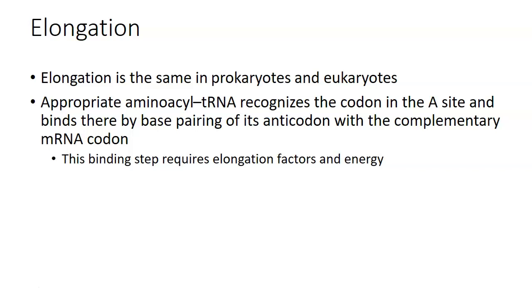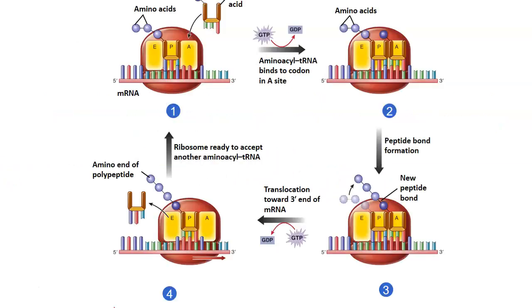That will be complementary base pairing and hydrogen bonding between them. So the codon in the mRNA transcript and the anticodon of the amino acid tRNA are going to complementary base pair. And so that's going to bring in the next amino acid. This does require energy, and it does require other proteins. So again, we're kind of simplifying it.